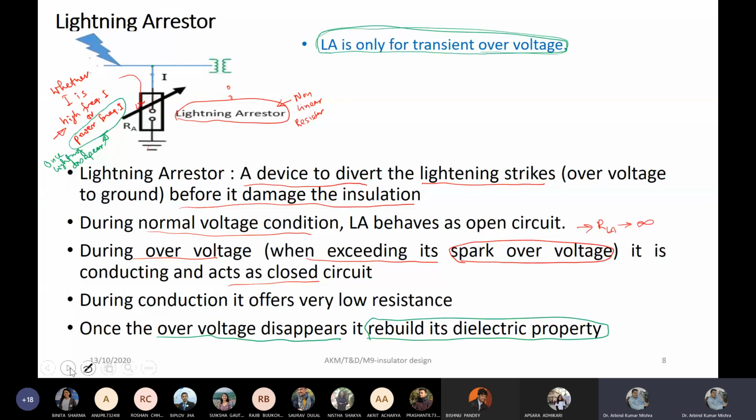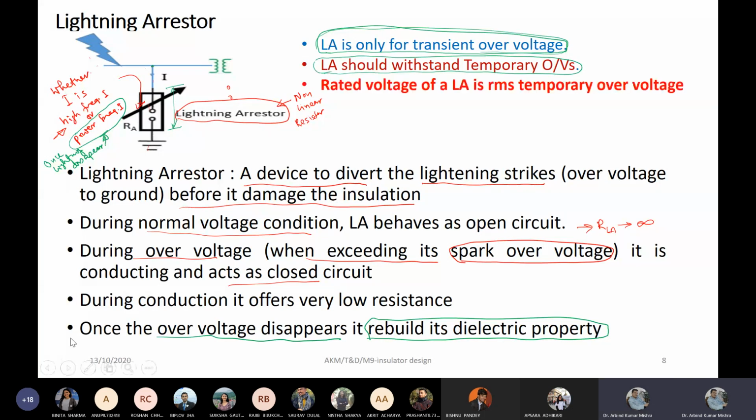So what does it mean? That it must withstand all possible temporary over voltage without a spark over, and that is why the voltage rating of the lightning arrestor itself is defined by the temporary over voltage.